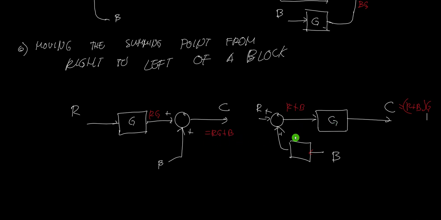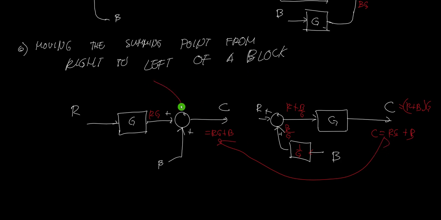So what do you think? Again, it should be in terms of G. If I already used G here, so obviously this should be 1 over G. If you try that, this is 1 over G, so this one will be B over G. Then if you solve for C, you multiply this with G, you distribute G, C here now will be equal to R times G. Then B over G times G is just equal to B. And if you look at them again, they are the same.